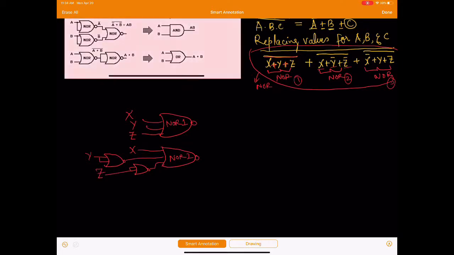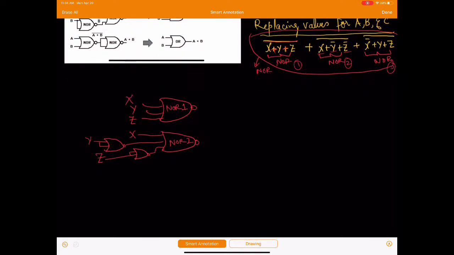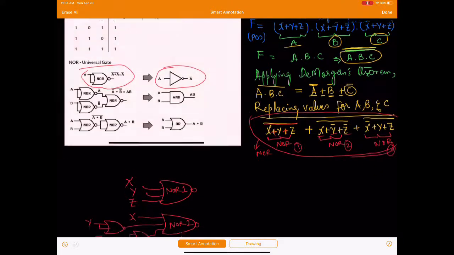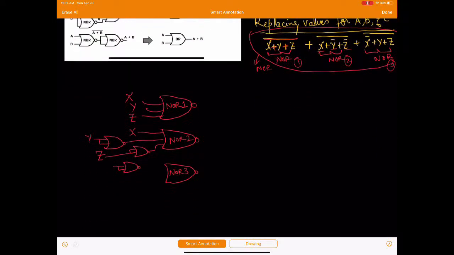Now I'm going to work on NOR 3. The inputs to NOR 3 are X bar. So I'm going to have to run the wire X through a NOR to make an inverter. As you can see over here, how you make an inverter, you basically take one NOR and then short the signal, because a NOR is a 2-input gate.